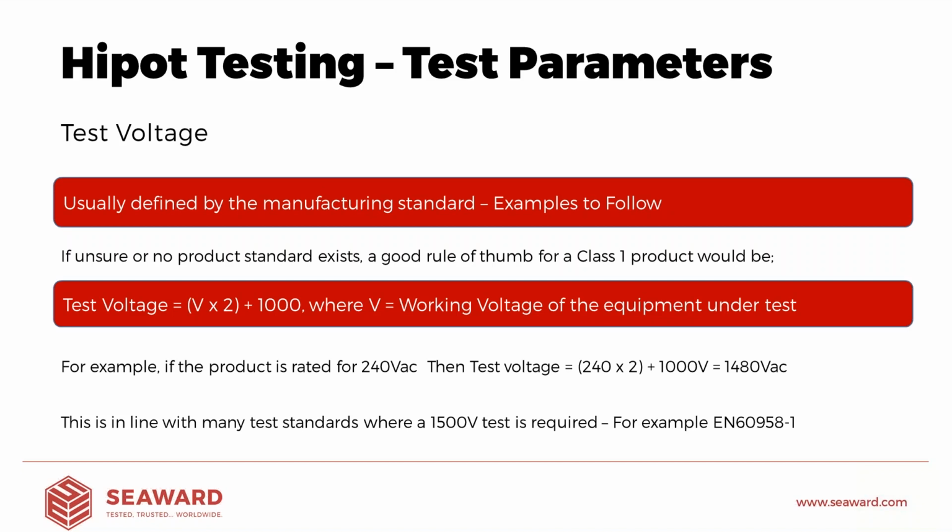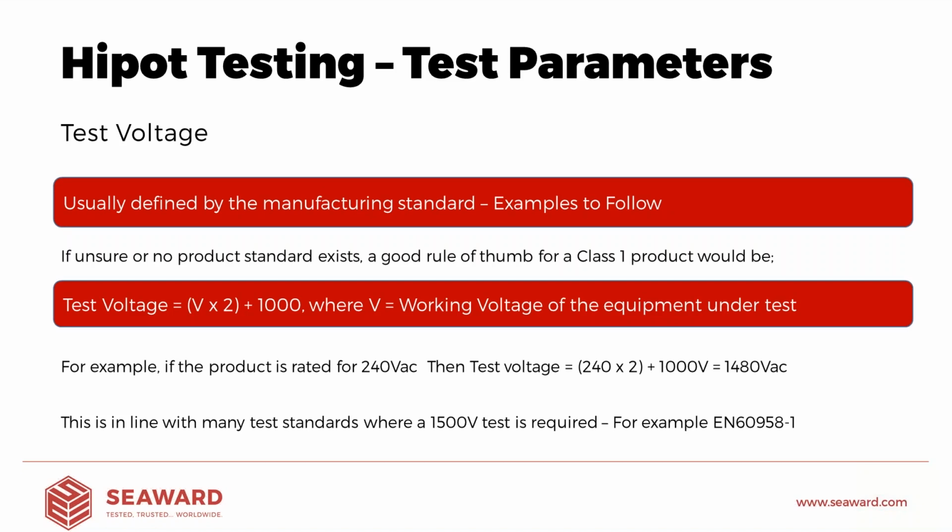They have within the standard guidance both for type testing environments and also for what they call routine testing environments, so the production line type testing. So always refer to the manufacturing standard where possible. We'll show you some examples of that a little later in the presentation.